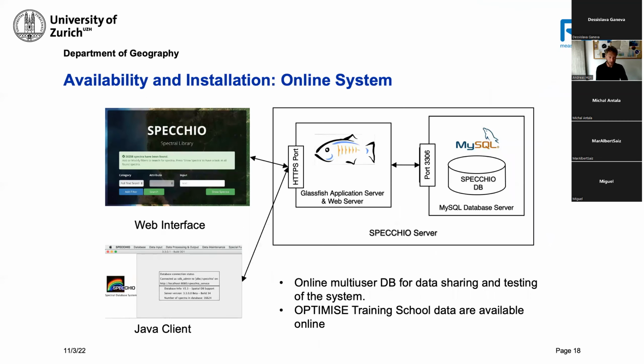The installation: we've got an online system. The only thing you need to install is the Java client, and then you can get an account on that online system. There is a variety of campaigns on there. We have a look later on what we've got. You can also use this web interface to interact with the system.